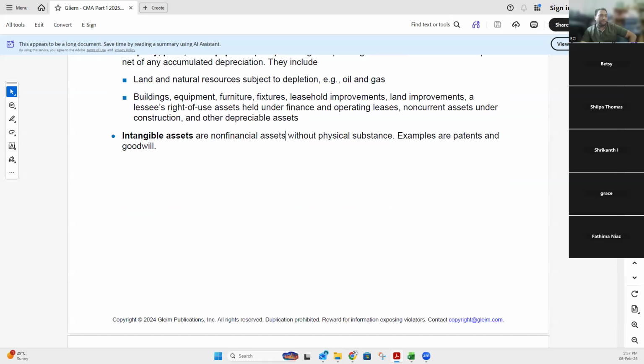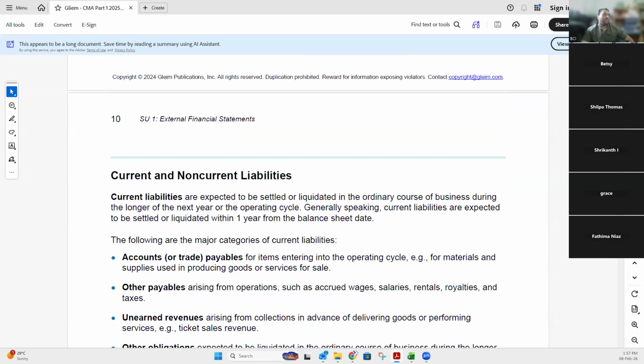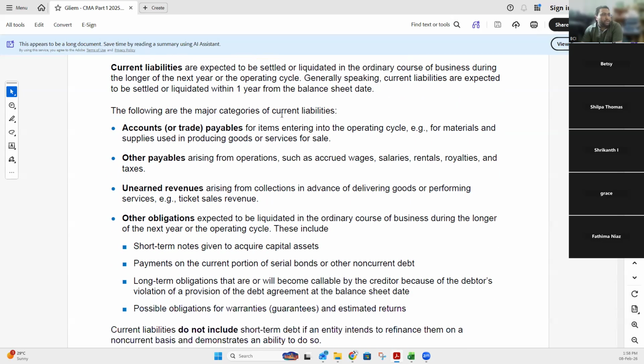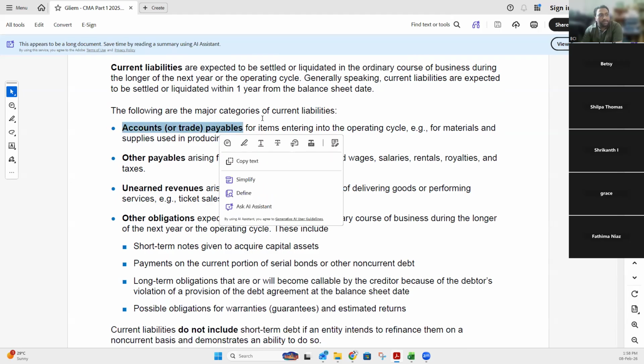The current and non-current liabilities. Current liabilities are expected to be settled or liquidated in the ordinary course of business during the longer of the next year or the operating cycle. Generally speaking, current liabilities are expected to be settled or liquidated within 1 year from the balance sheet date. Then the following are the major categories. One, accounts payable or trade payables for items entering into the operating cycle.